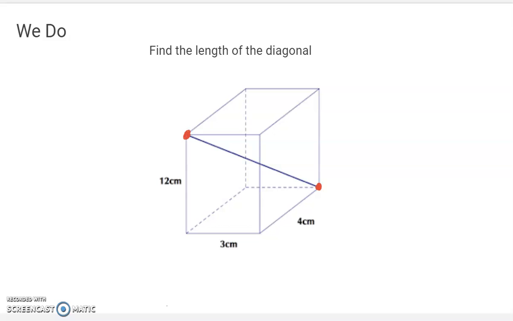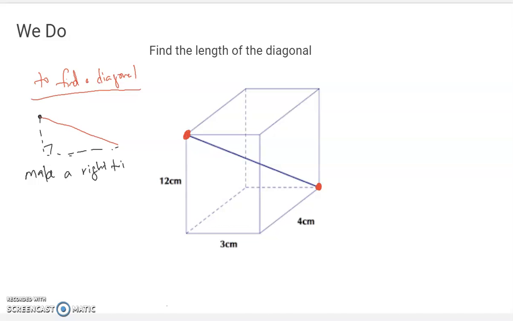To find a diagonal, we've done that before in a different situation. What you'll end up doing is making a right triangle, right? We add two legs to it, and that's how we do it.